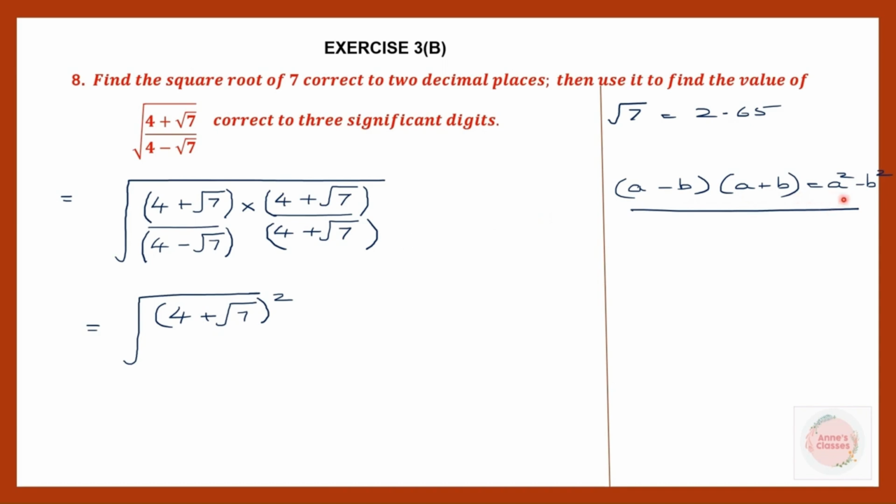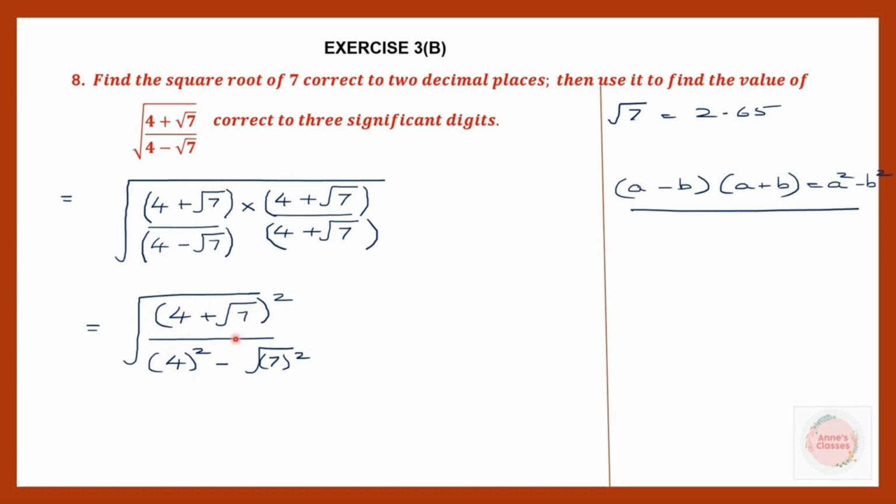That means we have to write a square, which is 4 square. So here in the denominator, this will be 4 square minus the other one, root 7, root 7 the whole square.